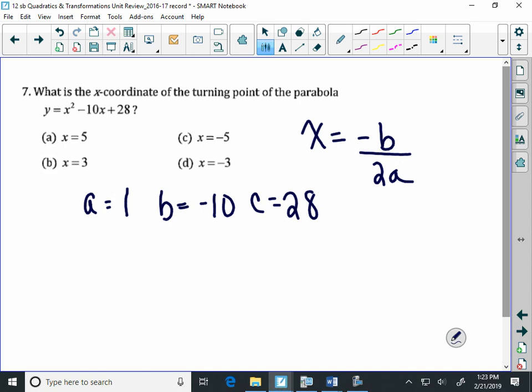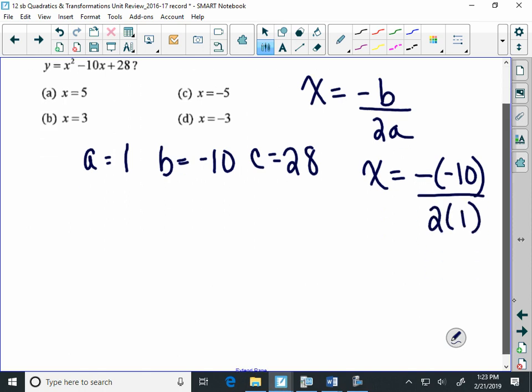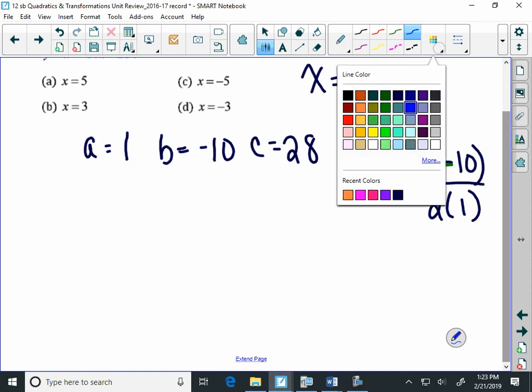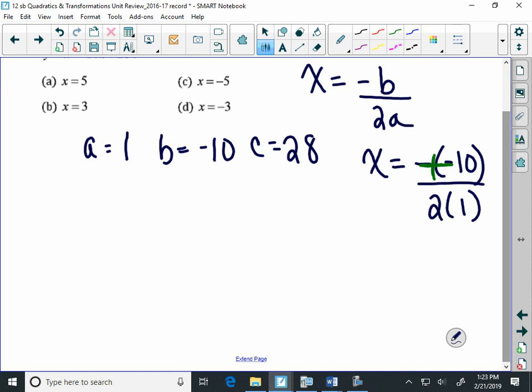And when we fill this in, we get x equals the opposite of b divided by 2 times a. Reminder, double negative gives us a positive. So we end up with x equals 10 divided by 2, which is 5.